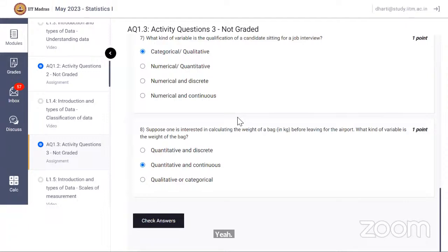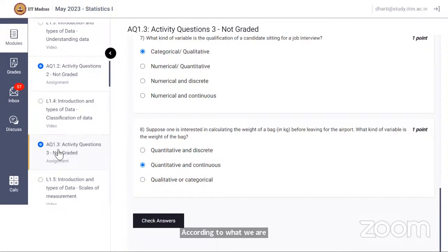Similarly for unstructured, the maximum will be qualitative only. Actually, with unstructured data you can't differentiate whether it's qualitative or quantitative. That's what unstructured is, according to what we are doing here.